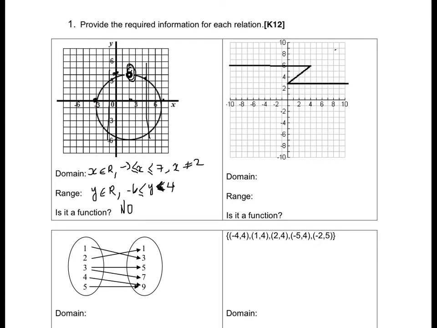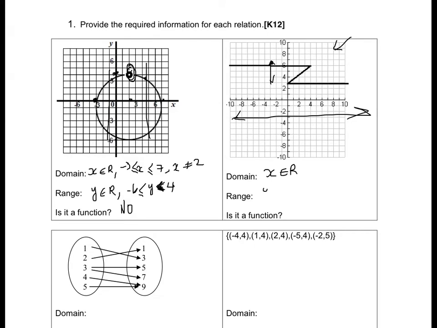In the next graph, the domain is any x value going from left to right. So we say that x has to be in R. The range are the y values, which start from here and go to this point.